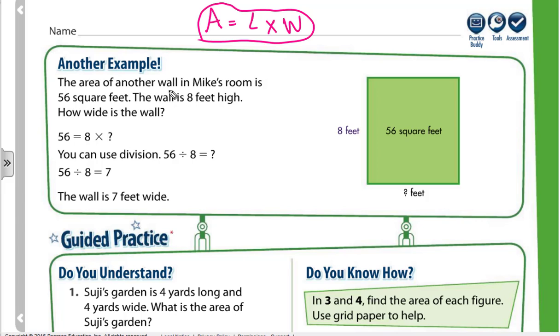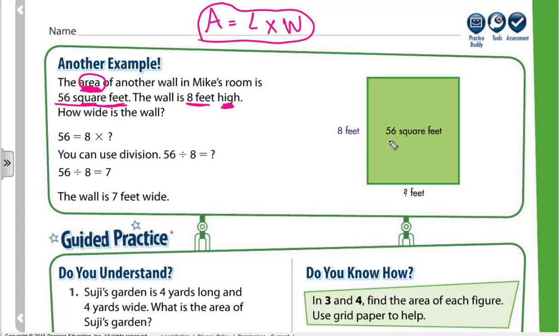The area of another wall in Mike's room is 56 square feet. My heroes, focus. This is the area, so we should use square feet for the area. The wall is 8 feet high. High means this is the length.